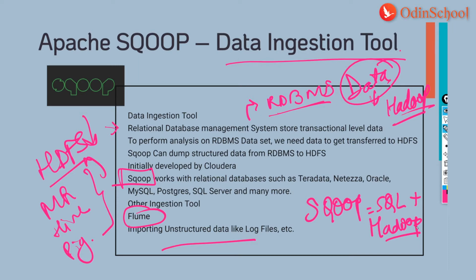There are library files, JDBC drivers, acting as a bridge between RDBMS and HDFS, because both have different architectures. There should be something common between them, which is the driver files, which fill the gap of the data types, the size, or how the storage is defined. All those things are handled by those drivers.